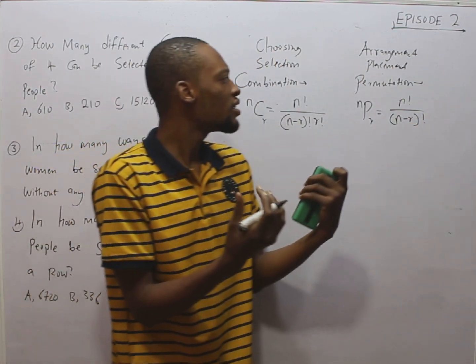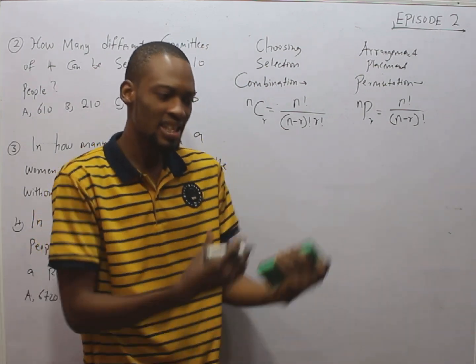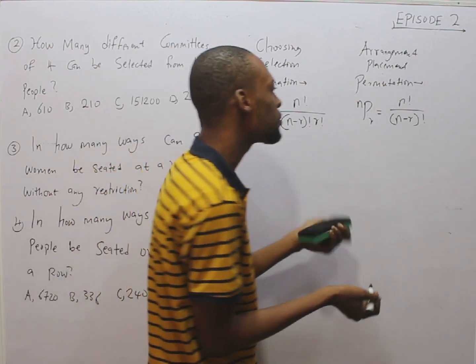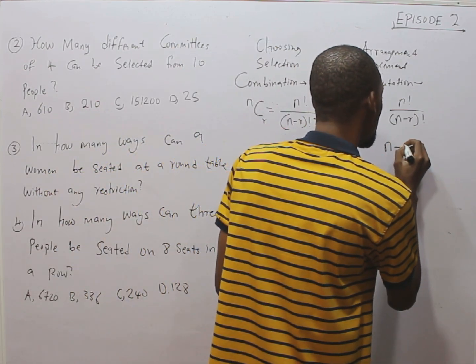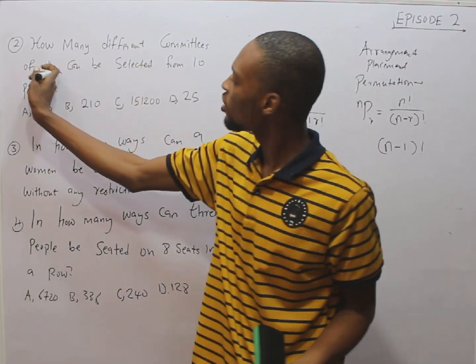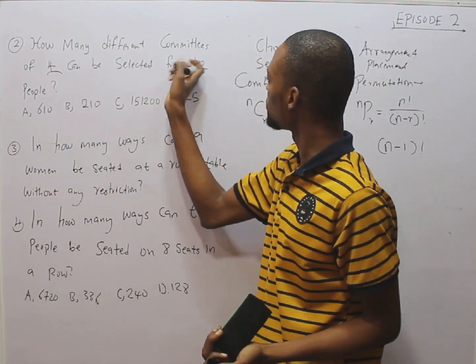However, for arrangement in a circle or table, circular permutation with fixed end, the permutation simply becomes n minus 1 factorial.